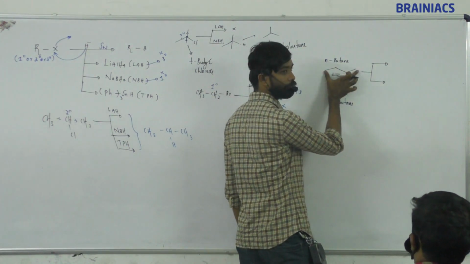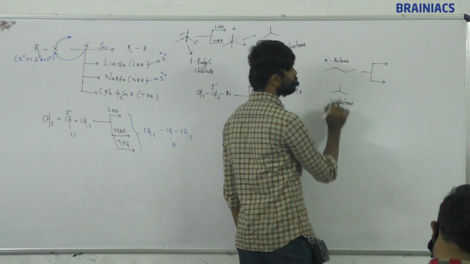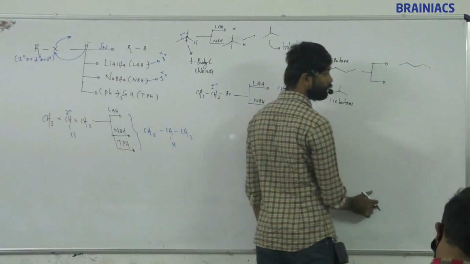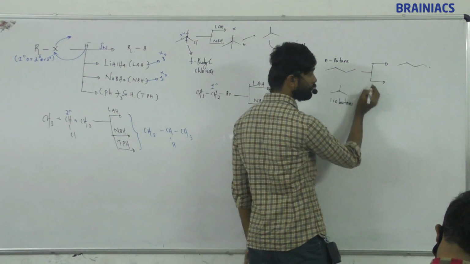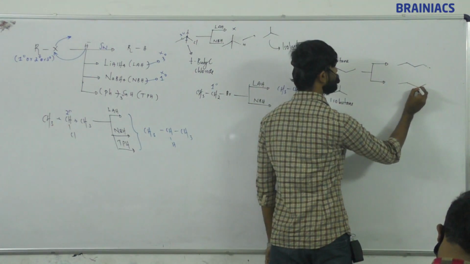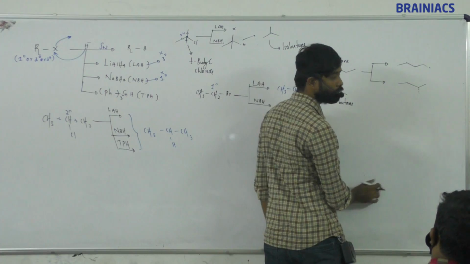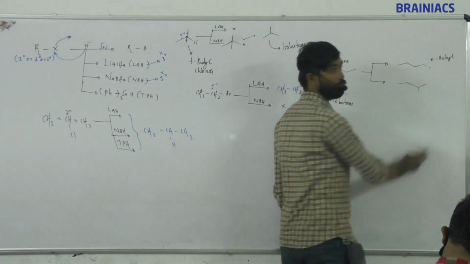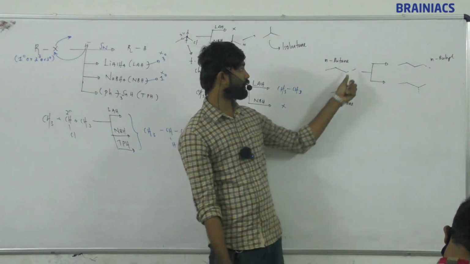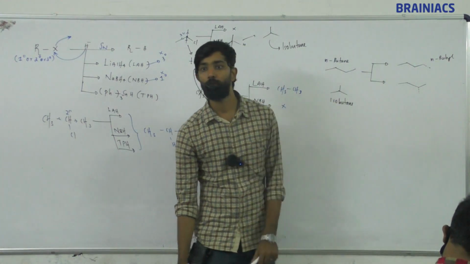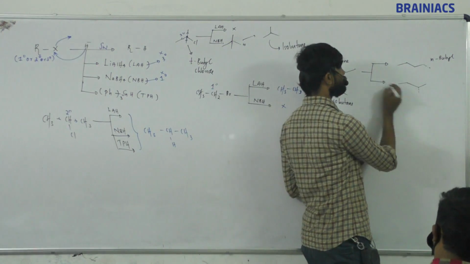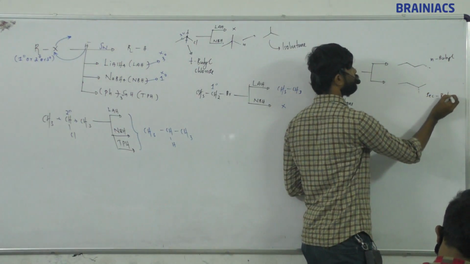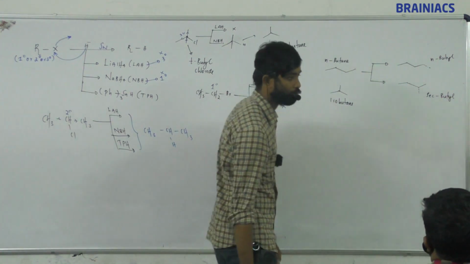These two are the same. So we have two possibilities to remove hydrogen from here, either from the terminal end or from the second one. If hydrogen is replaced from the terminal end, it becomes normal butyl. If it is replaced from the second one, it becomes sec-butyl, secondary butyl.